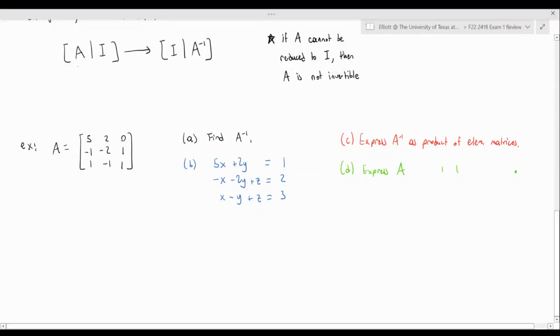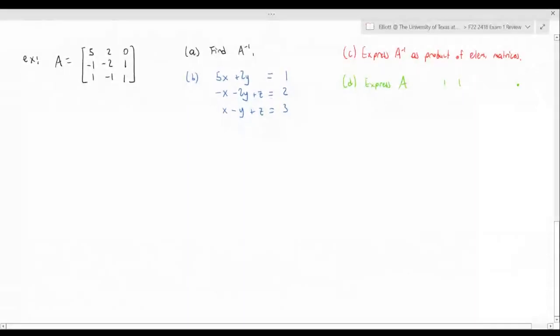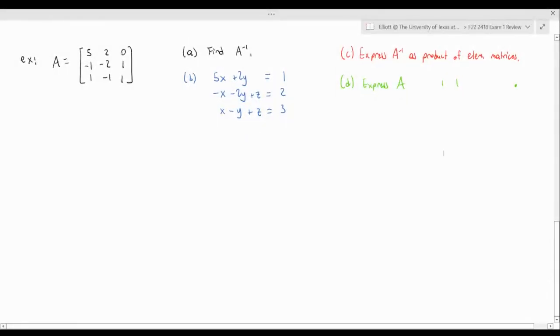So let me try to illustrate finding the inverse with this example here. There's also a couple other things that I want to do with this example as well, right? But let's just start with part A, which is finding the inverse. The way that you do that for larger matrices, you're going to augment them with an identity matrix. So that's what I'm doing right now.